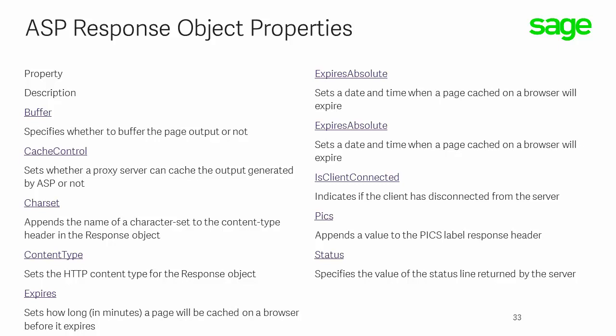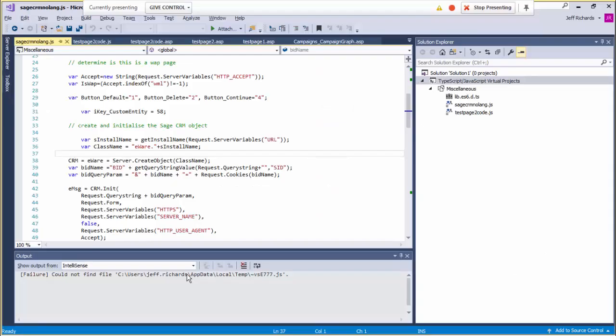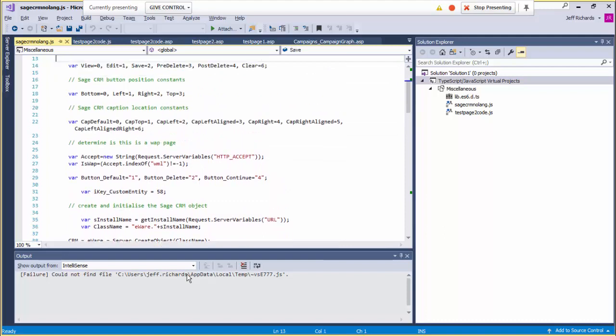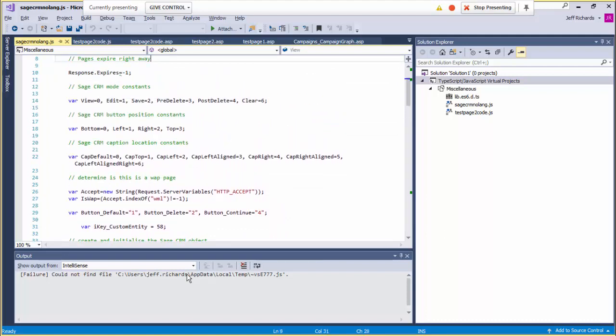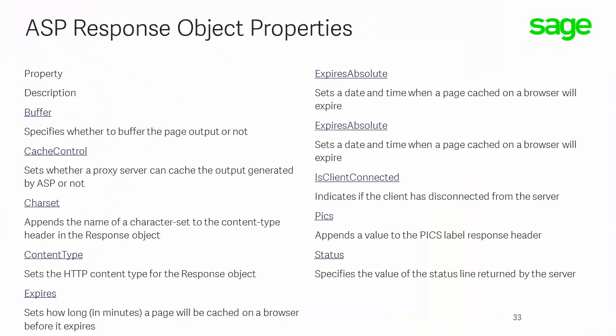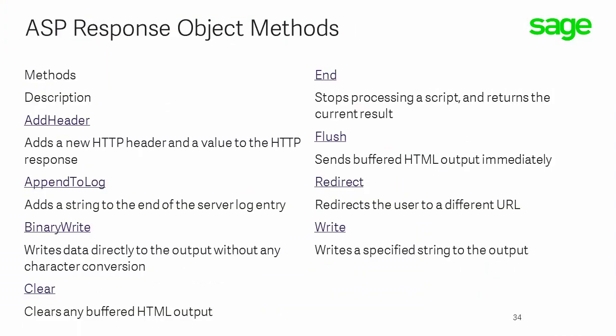There are some exceptions, like expires. If you look inside here, you can see that we are causing the page to expire immediately, so we have no sense of caching. We don't want anything cached in the browser. Every time we hit this page, everything has to be fresh.